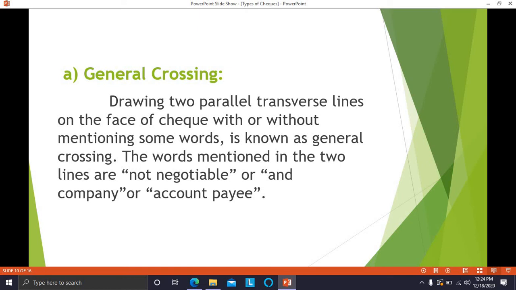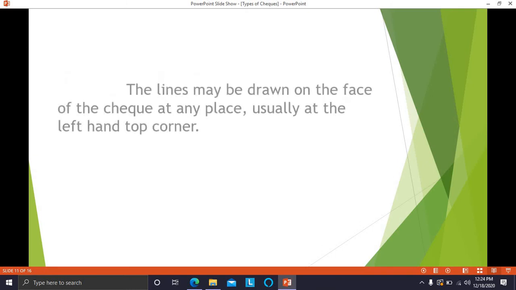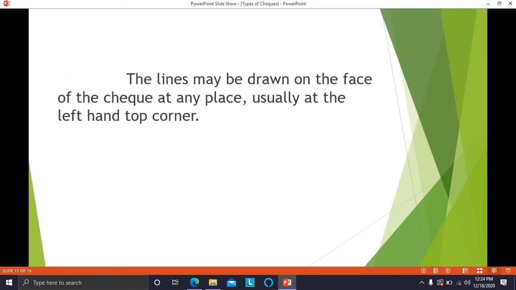So general crossing is drawing two parallel transverse lines, drawn in crosswise direction on the face of the check, with or without mentioning some words in between these two lines.